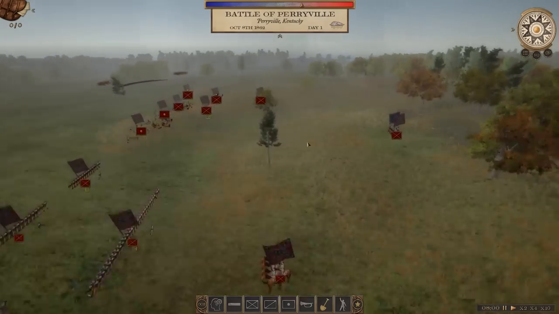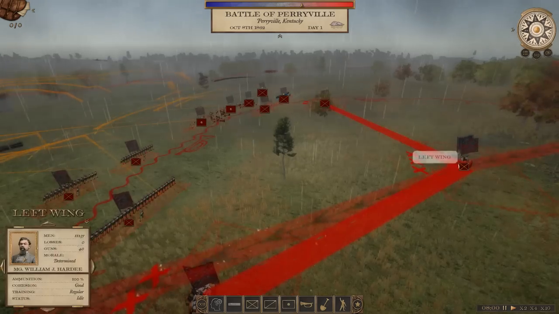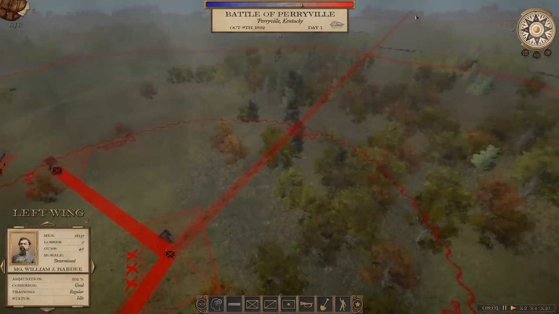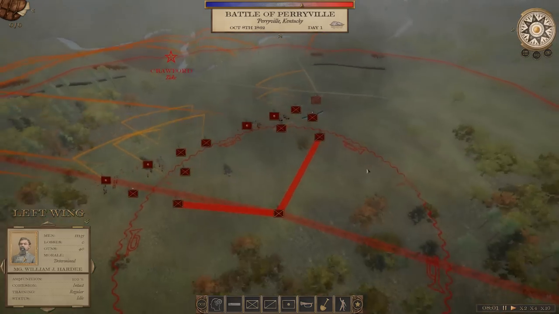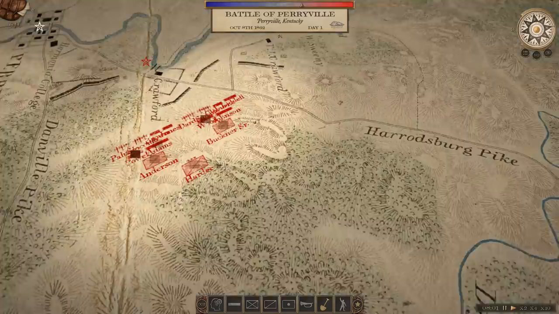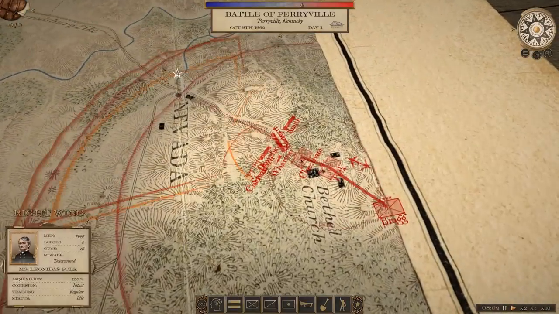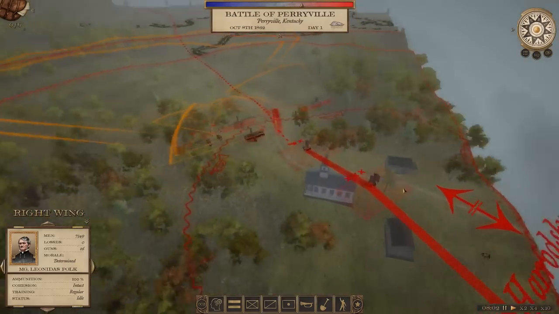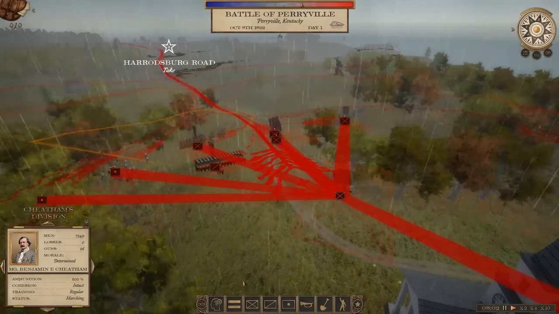And when we start the real-time gameplay, we can see that the orders are already flowing in from Bragg to the left wing. It will take some time for them to actually deploy themselves to the desired formation. But it's a totally different story with Polk, who's closer to Bragg, and he's already receiving the orders and distributing them forwards to Cheatham.